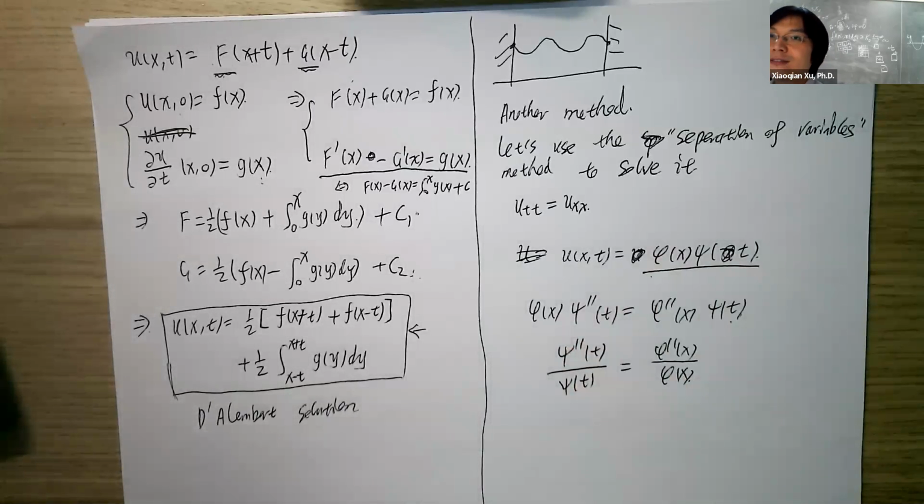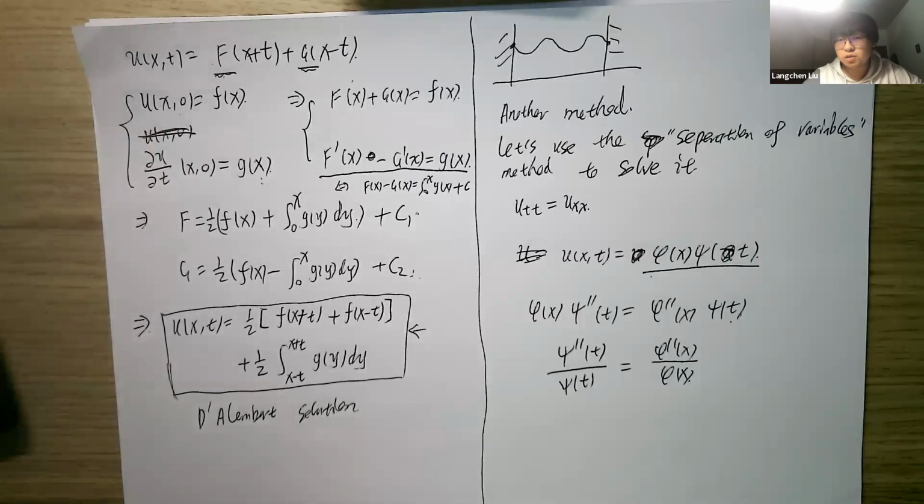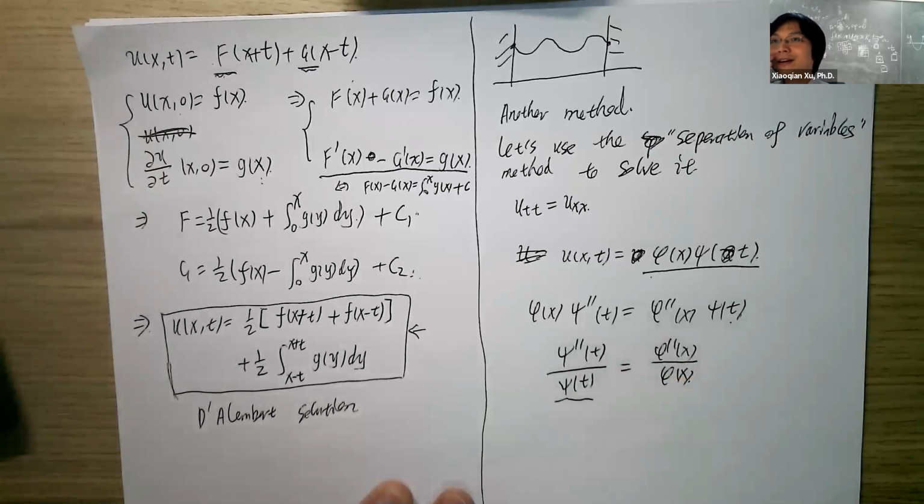So from this differential equation, what can you conclude? There must both be constant, right? Because the right-hand side is a function of t and the left-hand side is a function of x. What function could be both a function of t and a function of x?